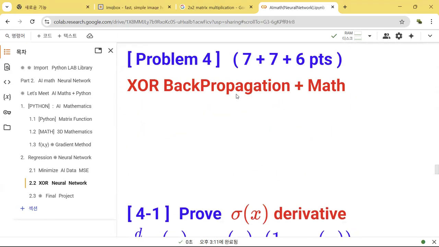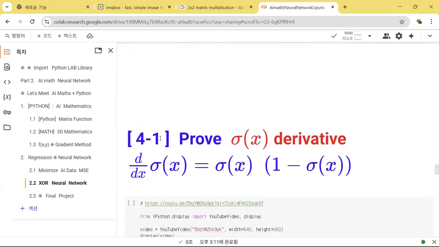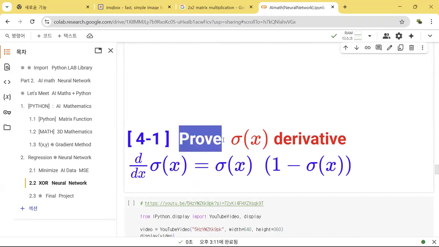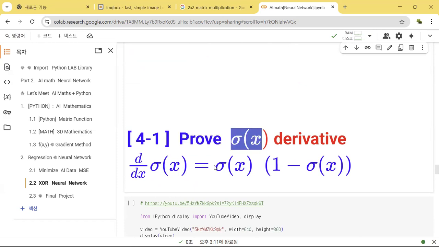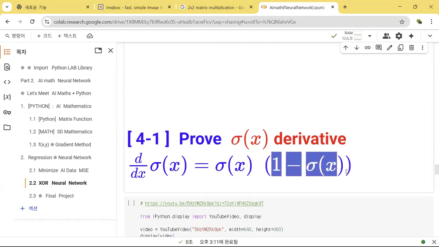And finally, the first sub-problem of problem 4 is to write down the proof that the derivative of sigma x is sigma x times 1 minus sigma x. So in this way, you can study problems 4 and 5 to prepare for the final examination.